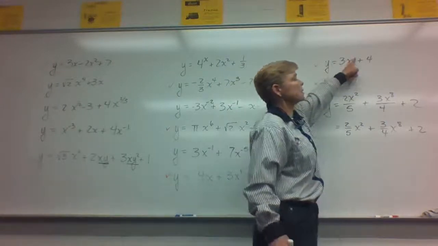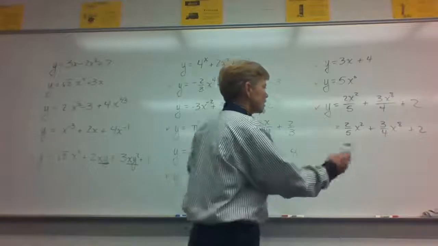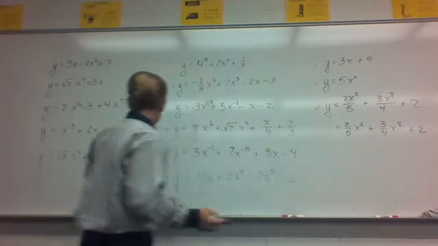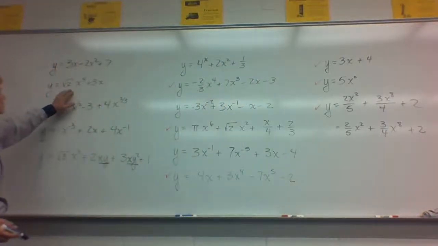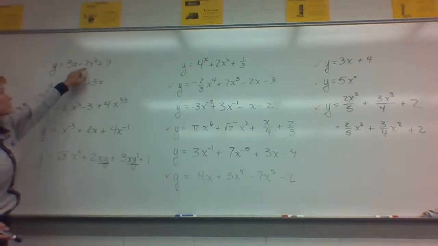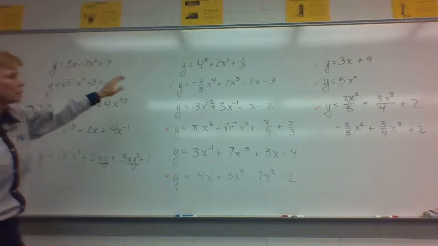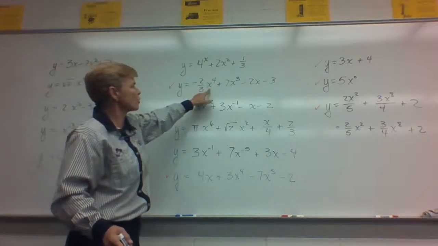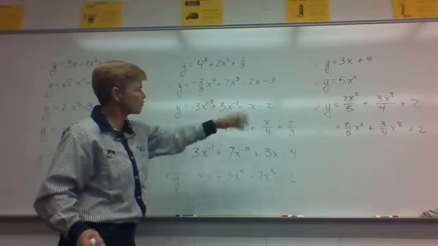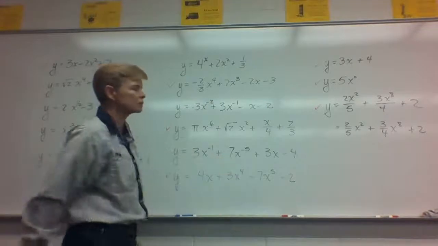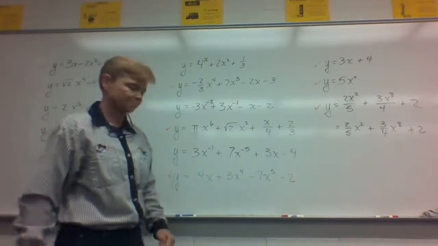It's understood right there. See it? A lot of these had the highest power in the front. Like this is what we expect. This one didn't. This is a degree 2 because of this 2, not this one. They're out of order. But this one was in order. This is a degree 4. But you're looking through, scanning through all the terms, and wherever the highest power occurs, that's the polynomial's degree.